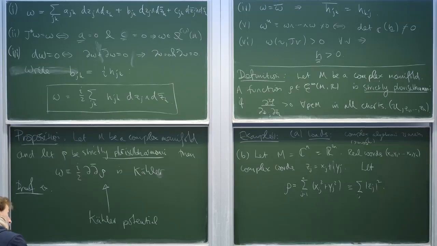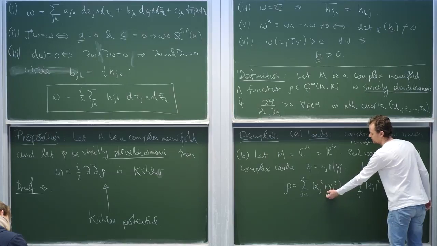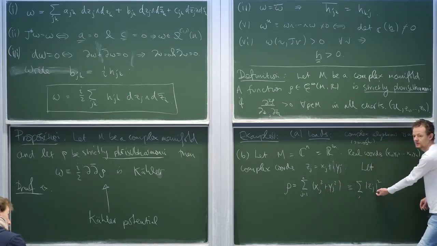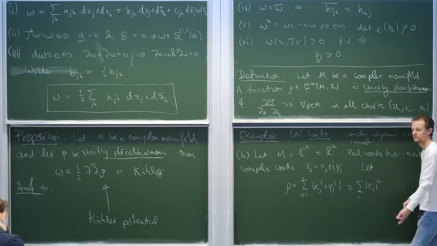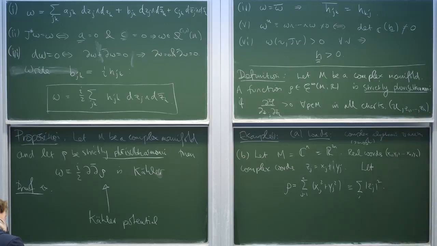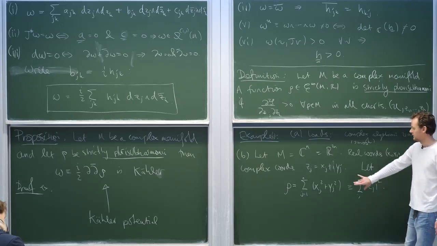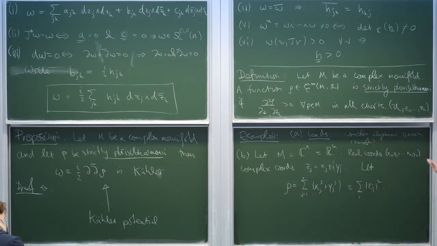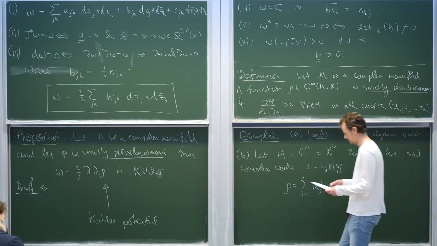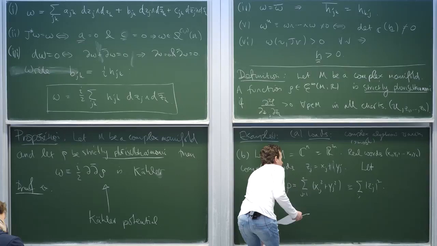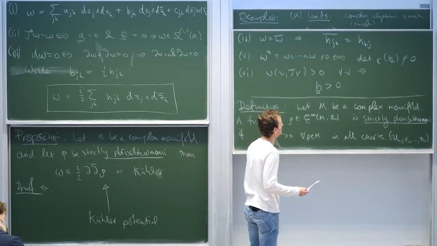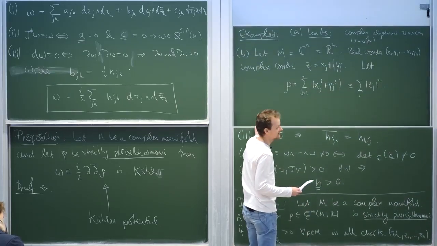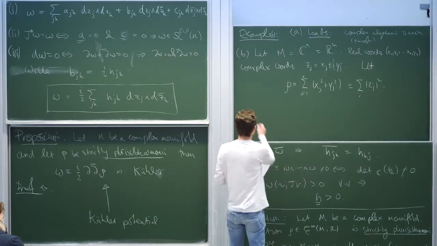So let rho be this function here, real part squared plus imaginary part squared, otherwise known as the sum of the absolute values squared, or just the norm of the vector of complex numbers. Is this strictly pluri-subharmonic? Well, if you take d squared rho dz dz bar, what do you get? We get the identity matrix, right? That's the world's simplest positive operator. And indeed, if you now use rho to write out, if you do take delta bar delta of rho, let's see what we get.